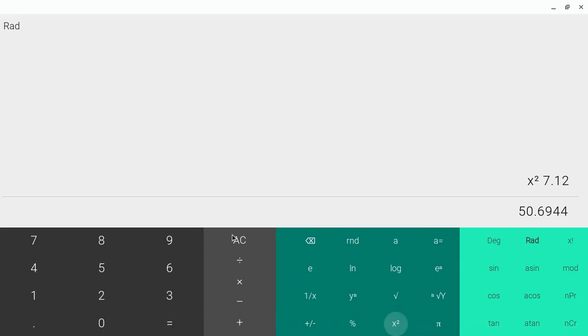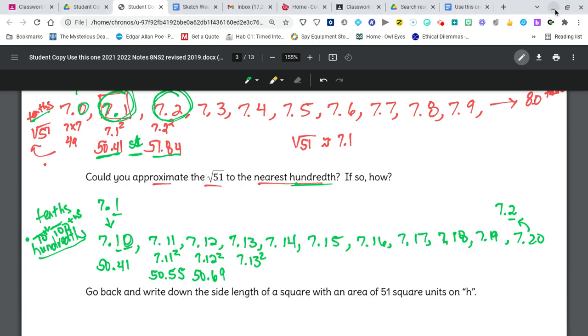7.13 squared is 50. So this 6 is in the thousandths place. It's going to tell the 3, which is in the hundredths place, to go up because 6 is 5 or more. So that's going to go up to 50.84. That's closer to 51.